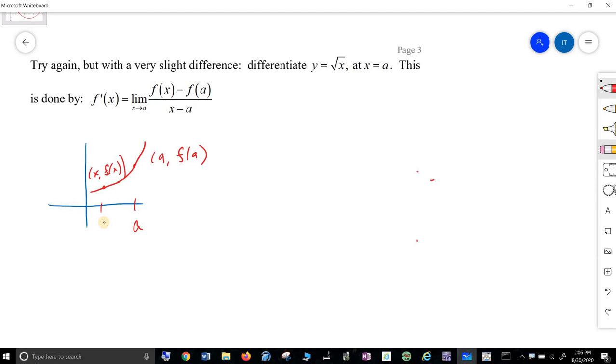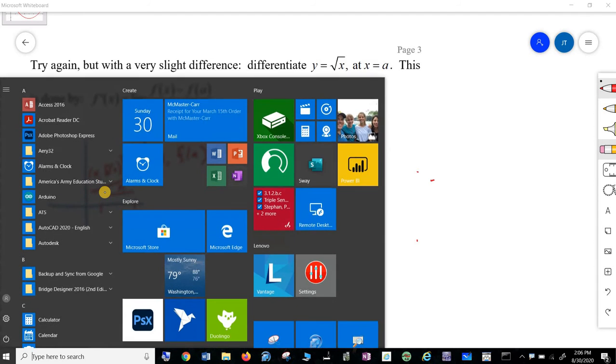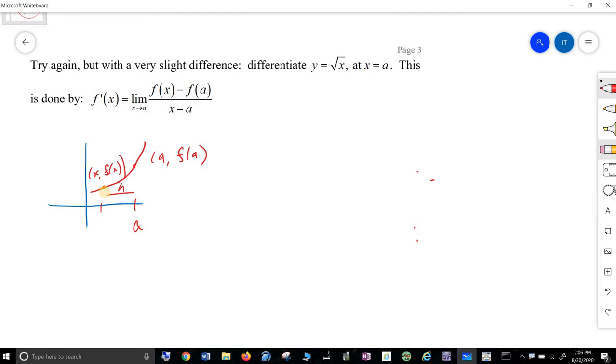And this gap we're going to call h. So we could also write this as the limit. Actually, we're not going to call the gap h. We don't need an h. As x approaches a, just saying this one's coming over to here. So the gap becomes infinitesimally small. And then it's just slope again. X minus a, f of x minus f of a.